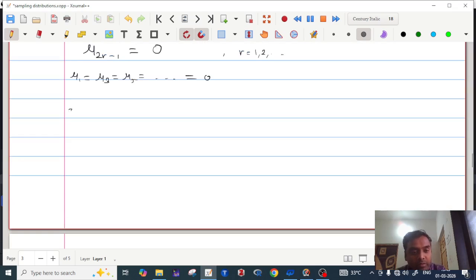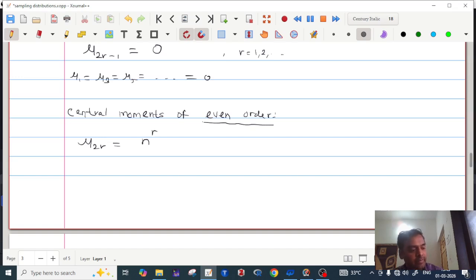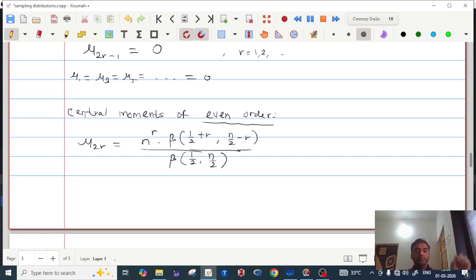Then central moments of even order. It is denoted by mu 2r, and it is defined as n raised to r multiplied by beta 1 by 2 plus r comma n by 2 minus r, divided by beta 1 by 2 comma n by 2.